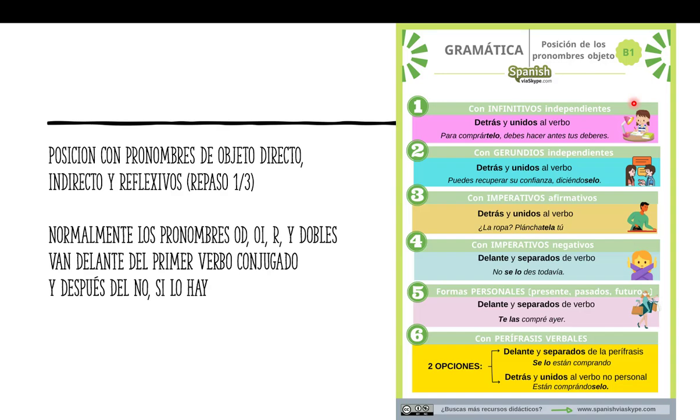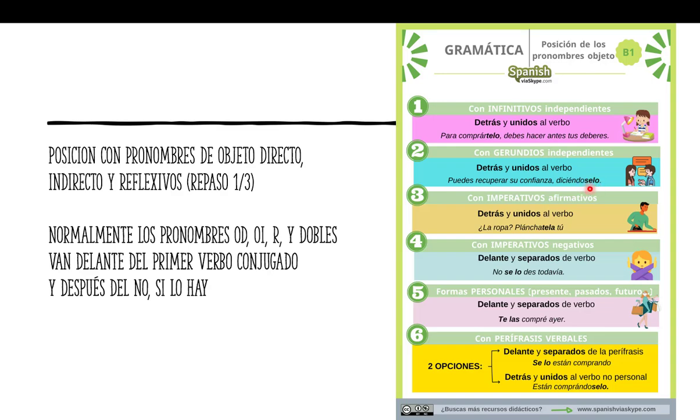You need to do your homework first. Or in this, with the gerund, which you're not going to find so much, okay? Pues para recuperar su confianza, puedes recuperar tu confianza diciéndoselo. You can gain his trust again, saying it to him. So it, lo and se.